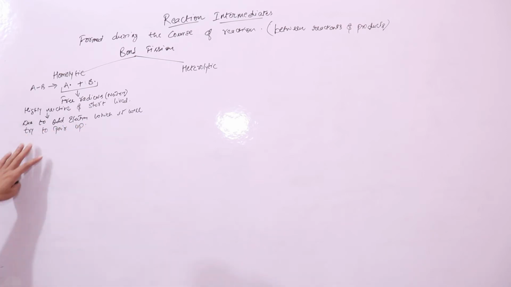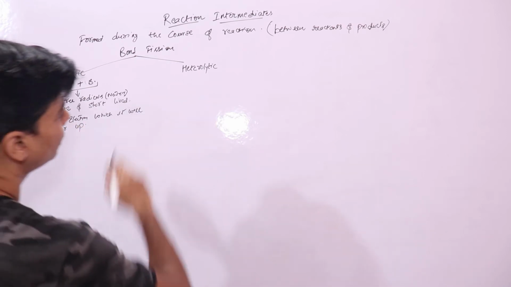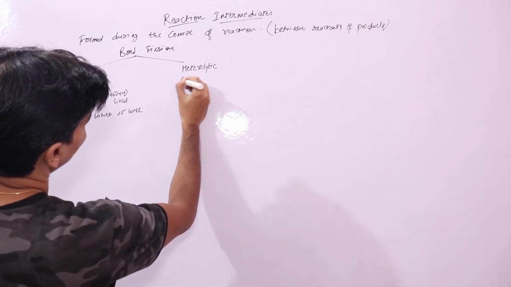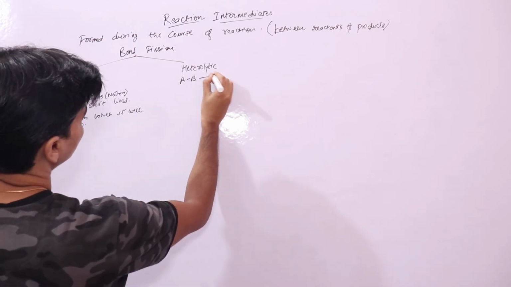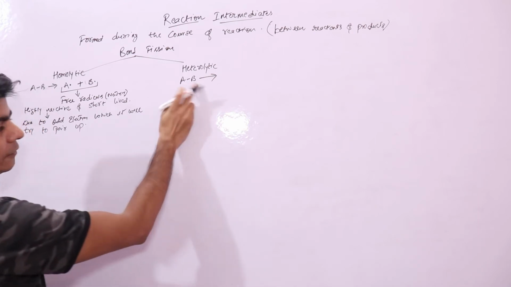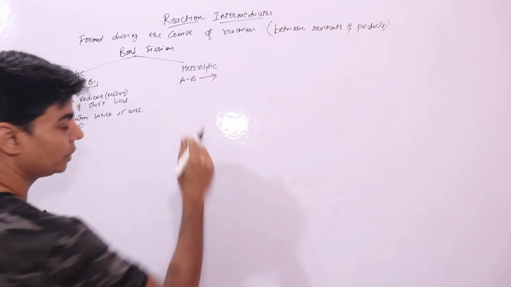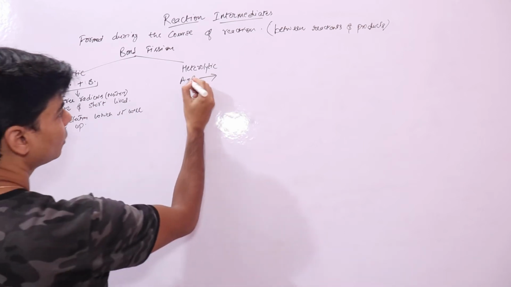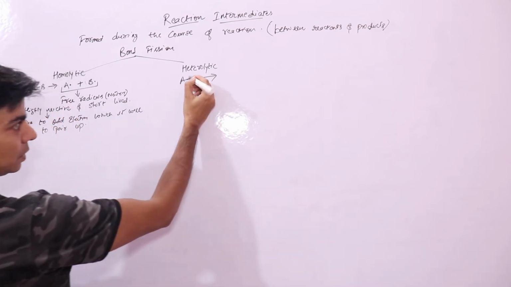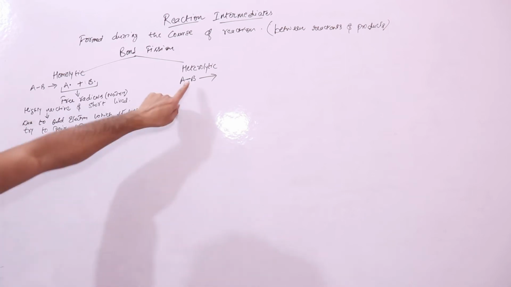Now let's talk about heterolytic bond fission. Heterolytic bond fission is like this. When you have an electronegativity difference between the combining atoms, the one with high electronegativity will take away the electron pair forming this bond.